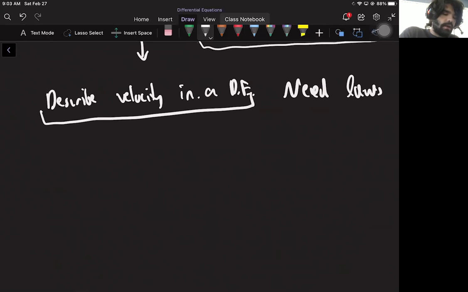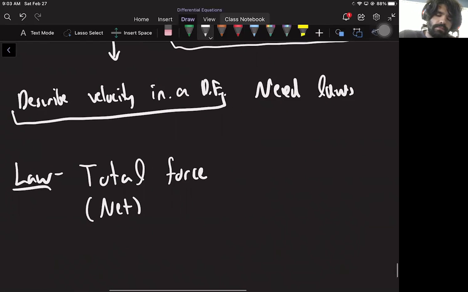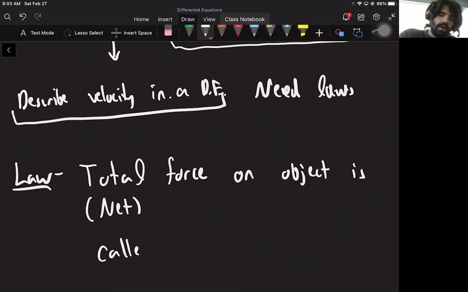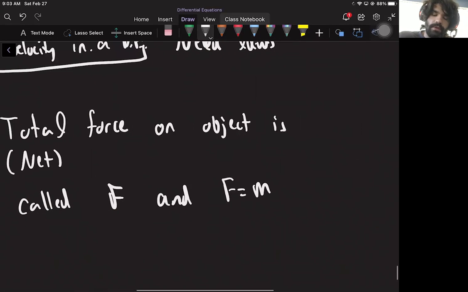So here is one law. The total force, which more people call the net force, but I like the word total force. It's like all the force on the object. We're going to call that capital F. And the law about capital F is that F equals the mass times the derivative of the velocity.